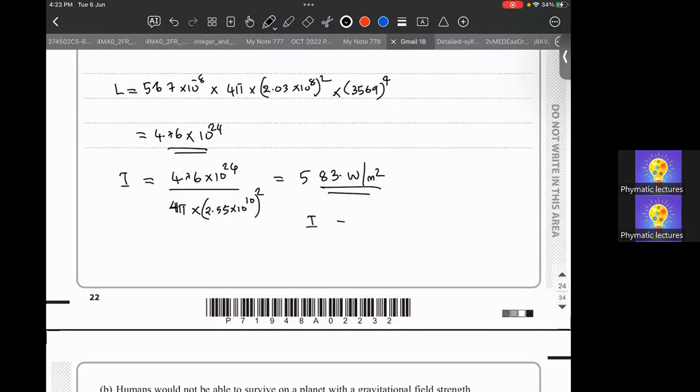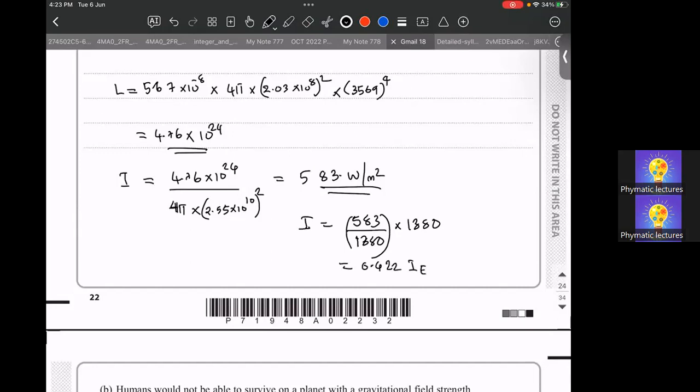So we take the intensity ratio: 583 divided by 1380 is nearly 0.422.